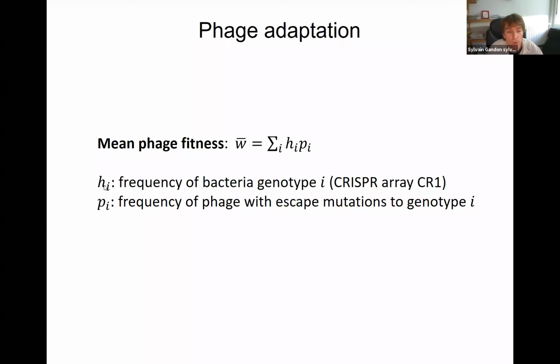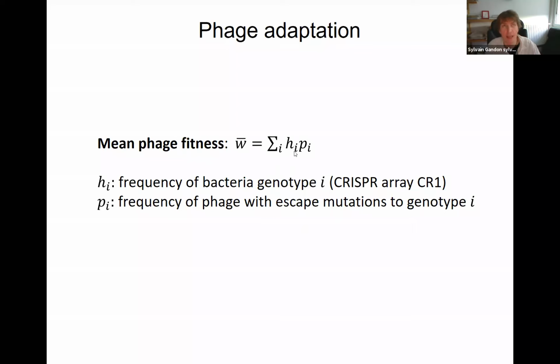We talked about HI, which is the frequency of different genotypes of bacteria. And now we can also infer the frequency PI of phage that are able to escape those particular genotype I. And with that, we can measure the mean pathogen fitness.